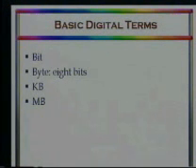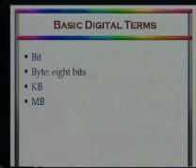So the bit is the smallest unit of information. Now the byte is a combination of 8 bits, called 1 byte, right? So to represent one character you require 1 byte. That is the minimum number of bits required for representing a single character.